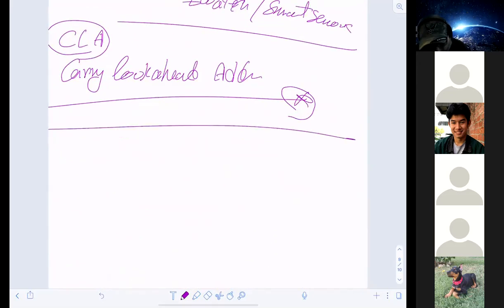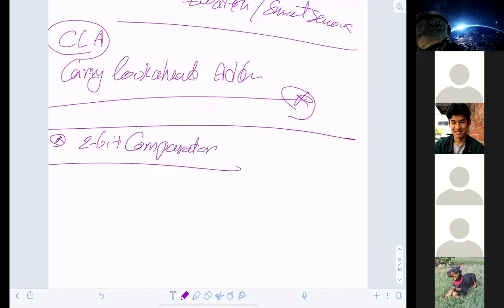Now we're going to go into the comparators. Have you guys heard about comparators? If somebody tells you to design a 2-bit comparator, what are we going to do? Let's think about it.